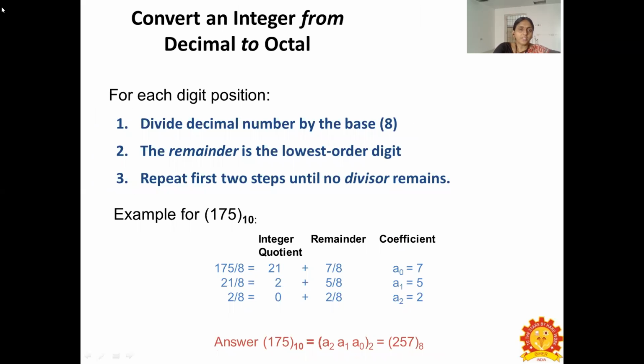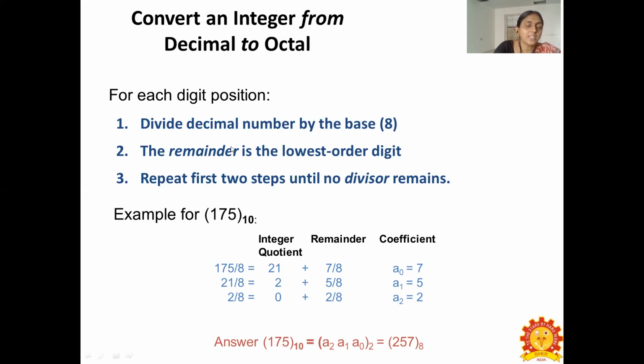And now we will convert an integer from decimal to octal. A number is given here in decimal form and we are going to convert that into octal form. When you want to convert into octal form of base 8, we have to divide the given decimal number by 8. If the given decimal number has to be converted to binary, you have to divide by 2.